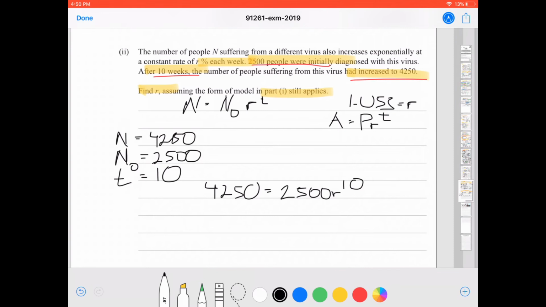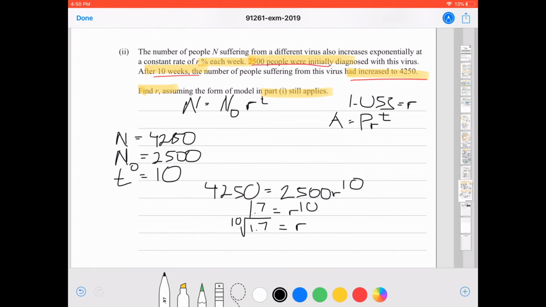Yeah, okay, we can work with that. First thing we're going to do is divide 4,250 by 2,500. That equals 1.7. 1.7 equals r to the power of 10. And so we could take the 10th root of 1.7, and that would equal r.